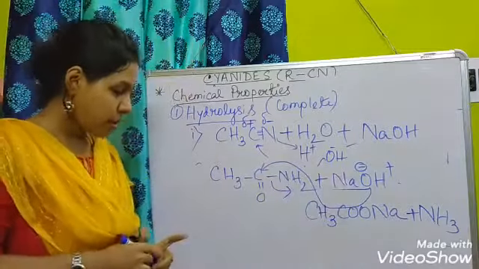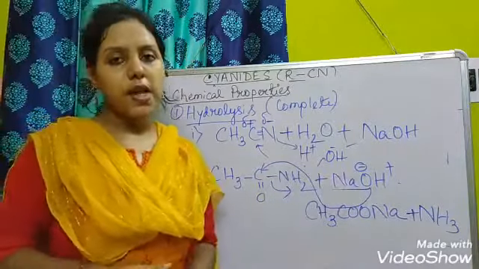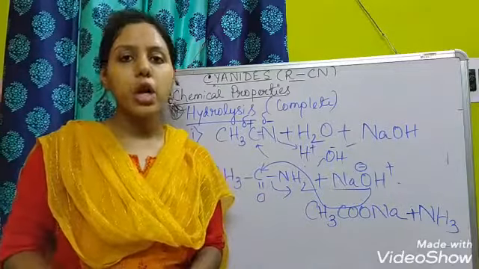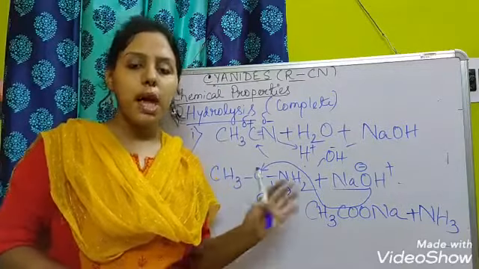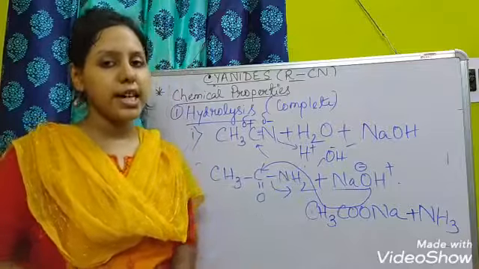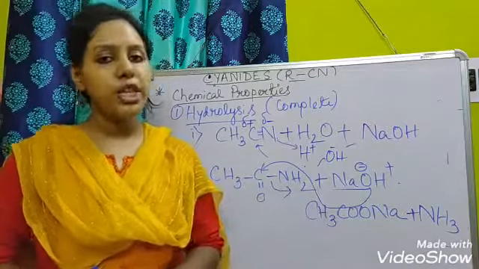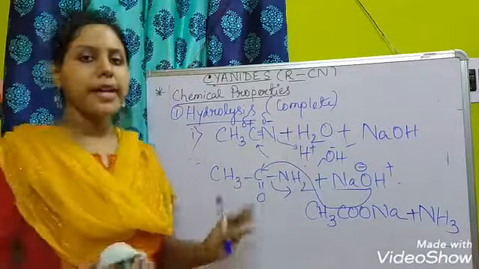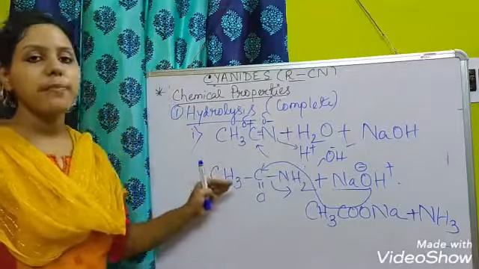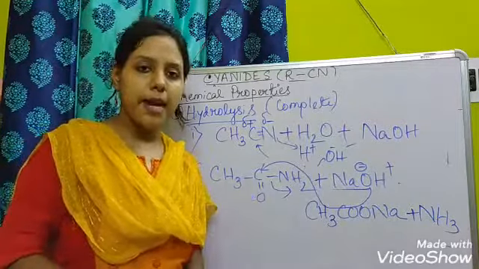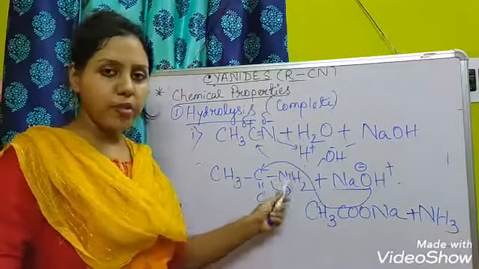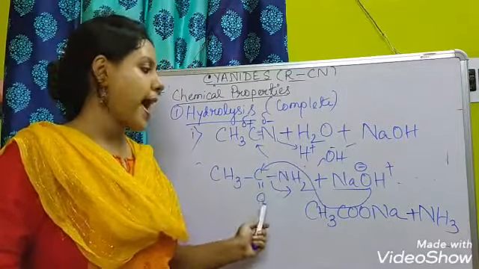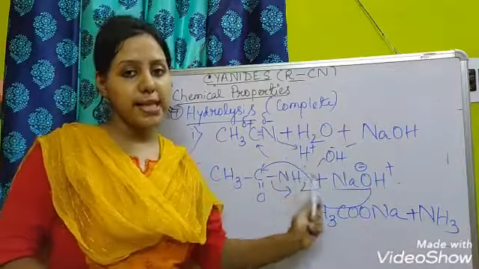Whether we take the acidic solution or the alkaline solution, in both processes we can make acetic acid, and there will be the formation of ammonia also. So this was the complete hydrolysis. In the first step we are getting the acid amide CH3CONH2, the result of the first step, and in the second step we are getting the acid.